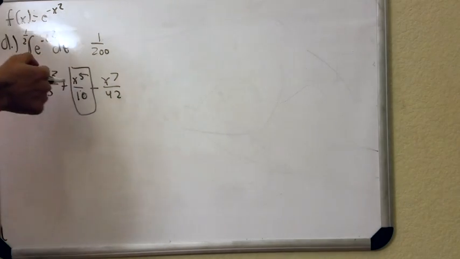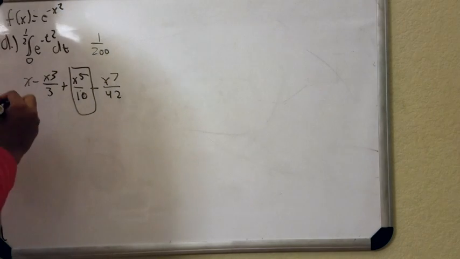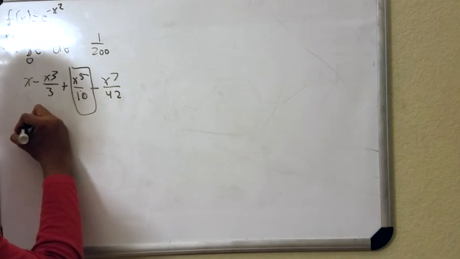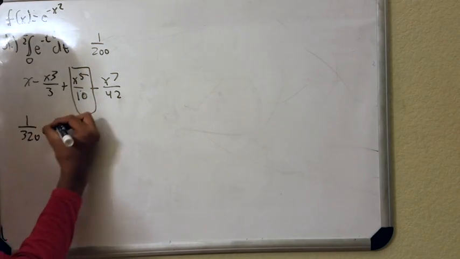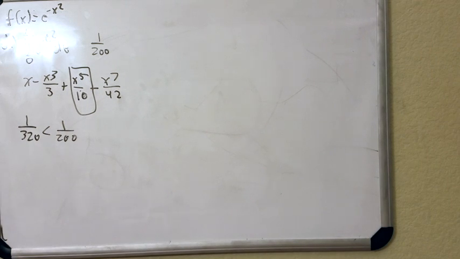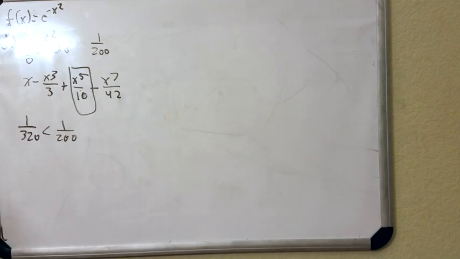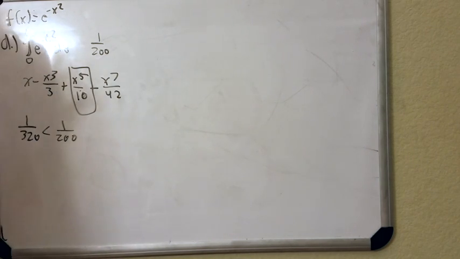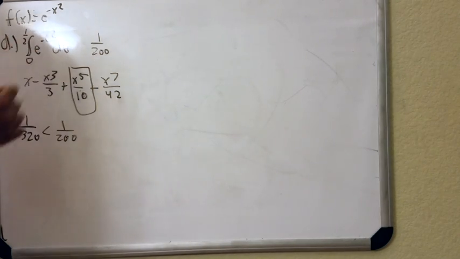So plugging in 1/2 into x to the 5th over 10 will give us 1 over 320. And since this is less than 1 over 200, we can therefore conclude that it is less than. So for this problem, you will get points for your explanation and for figuring out that you need to use this 3rd term.